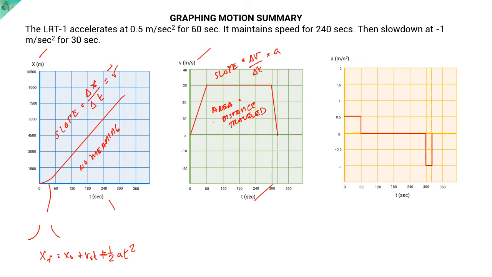Okay, last one. You have here the acceleration versus time graph. This is usually not used anymore because you can search everything using x versus t and v versus t, but it's nice to know that there's another graph out there. Okay, the slope here means it's acceleration over time, and this can only happen if acceleration is constant.